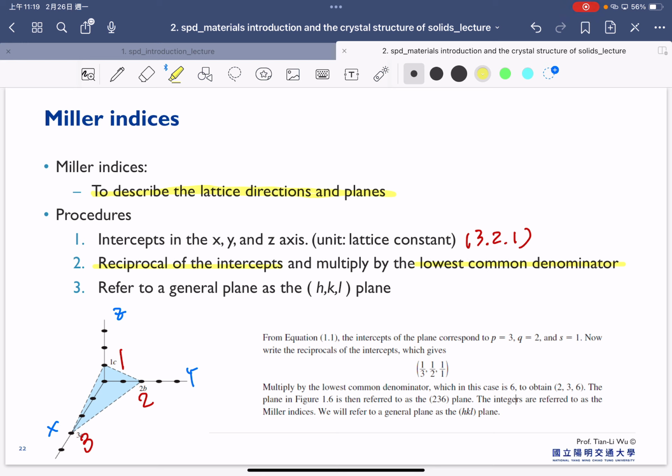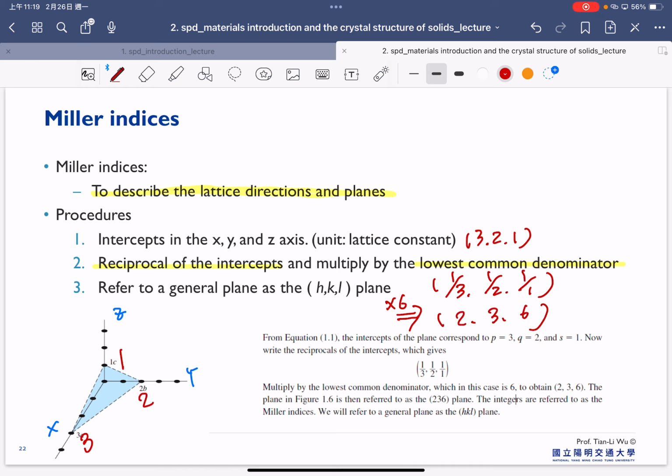What does this mean? First we take the reciprocal of these numbers, which gives 1/3, 1/2, 1/1. Now we multiply by the lowest common denominator, which is 6, and this becomes 2, 3, 6.